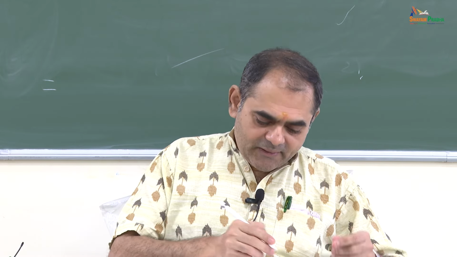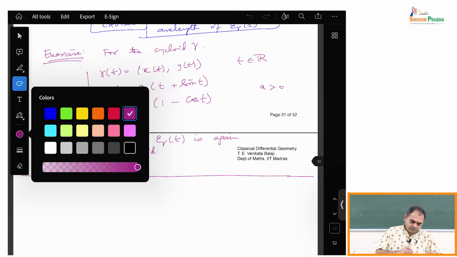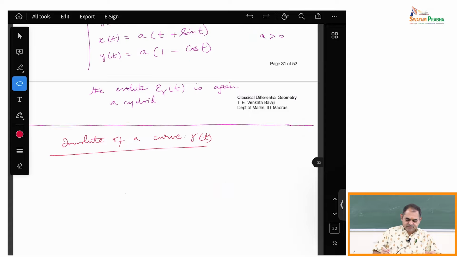So let me go ahead and define the involute of a curve gamma. The idea of the involute is a very simple thing.